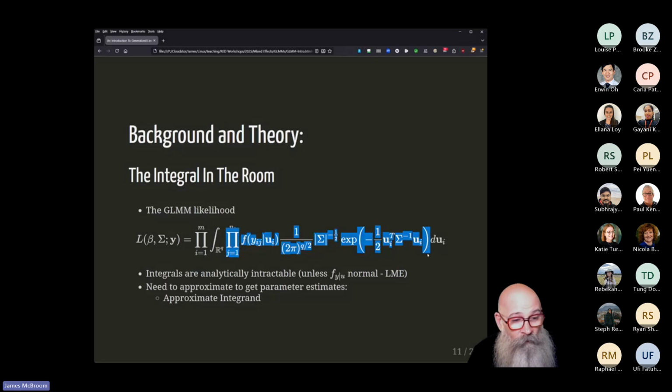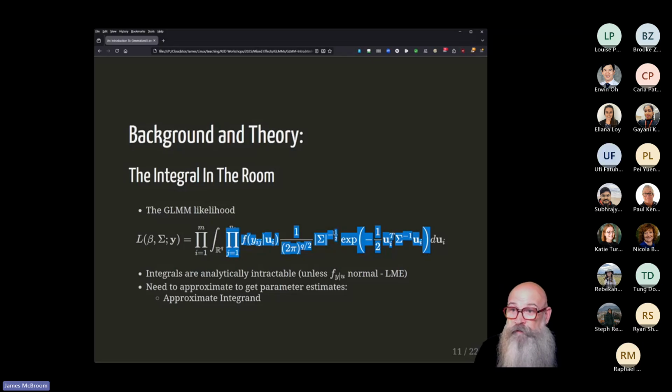All right. So one way to go about this is to do clever things to the integrand, in particular to F(y|u), but the whole thing basically, to make the integrand look more like a multivariate normal distribution, especially at important parts of the integrand, Taylor series expansions and stuff like that, if that means anything to anyone. Again, not our job this afternoon to go into the nitty-gritties of the numerics of this.